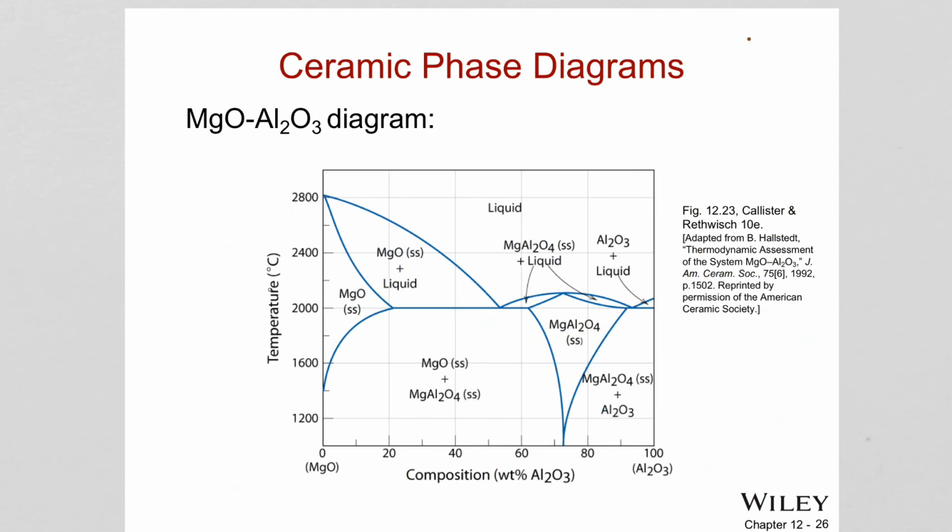So it is possible also to determine phase diagrams experimentally for ceramic systems. And when we say components here, when we say 2 components, it is not going to be the elements forming it, okay? It is going to be the compounds forming it, such as magnesium oxide is the one component, and aluminum oxide is going to be the other component.